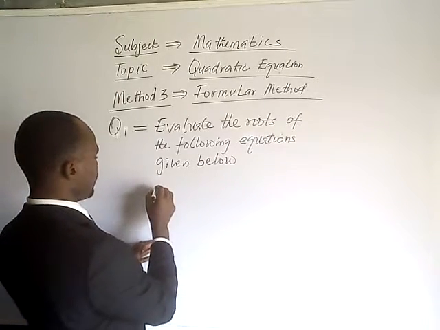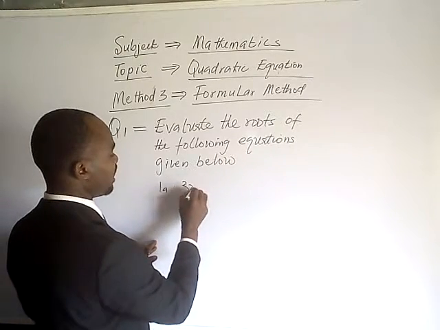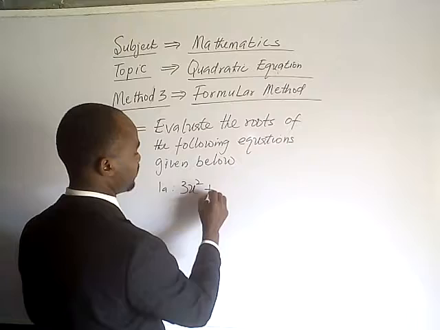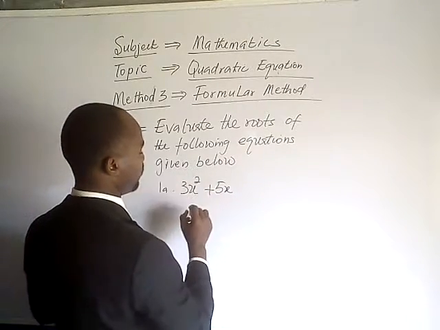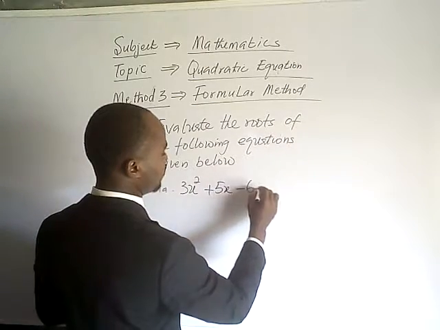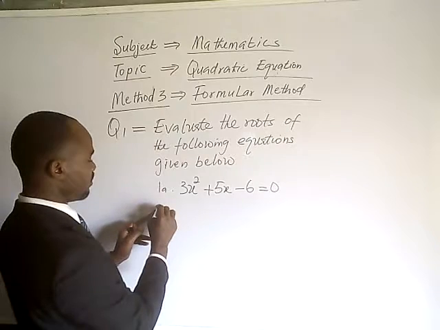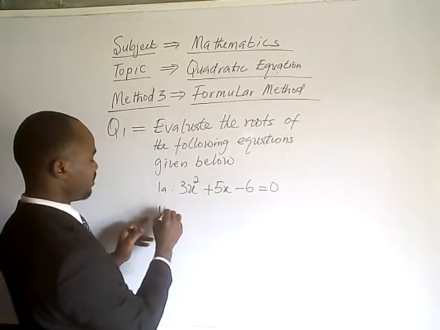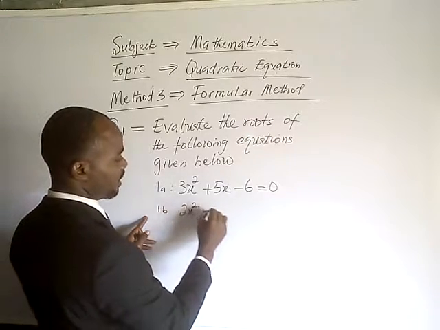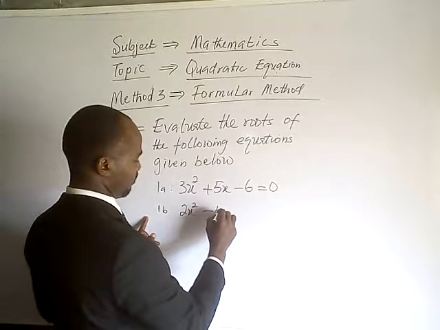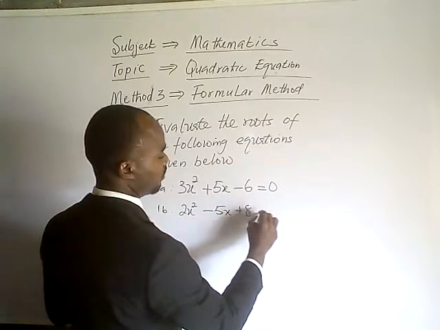We have 1a: 3x squared plus 5x minus 6 all equal to 0. Question 1b is 2x squared minus 5x plus 8 all equal to 0.